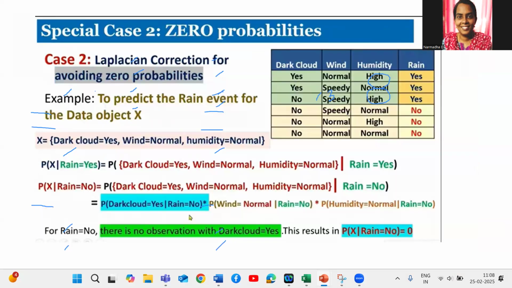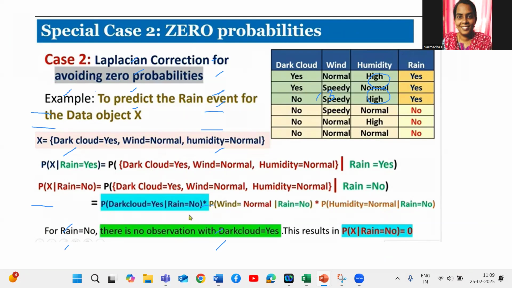The next is zero probability. For example, you are given a data set where, when there is no rain, there is no observation in the data set where dark cloud is equal to yes. Since no such evidence is found, when you try to calculate the probability of rain equal to no, considering dark cloud is equal to yes, the probability will be calculated as 0.